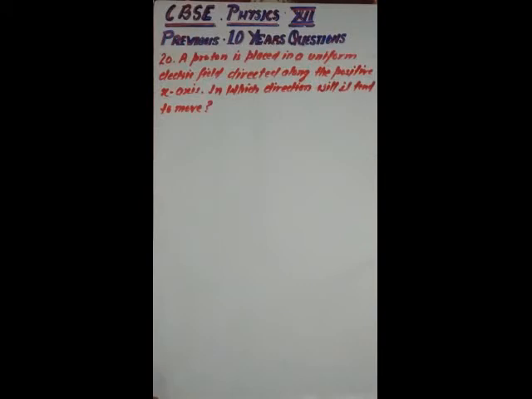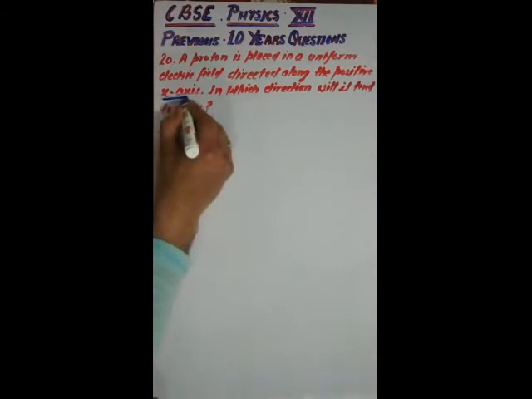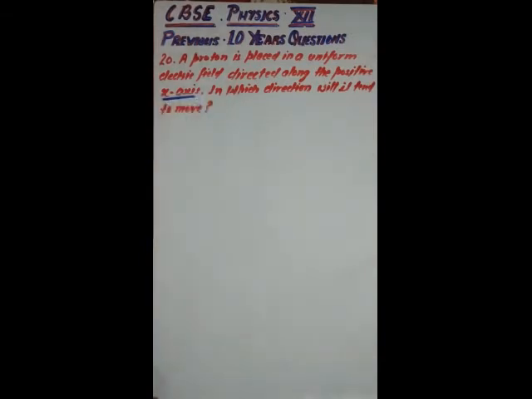A proton is placed in a uniform electric field directed along the positive x-axis. In which direction will it tend to move?